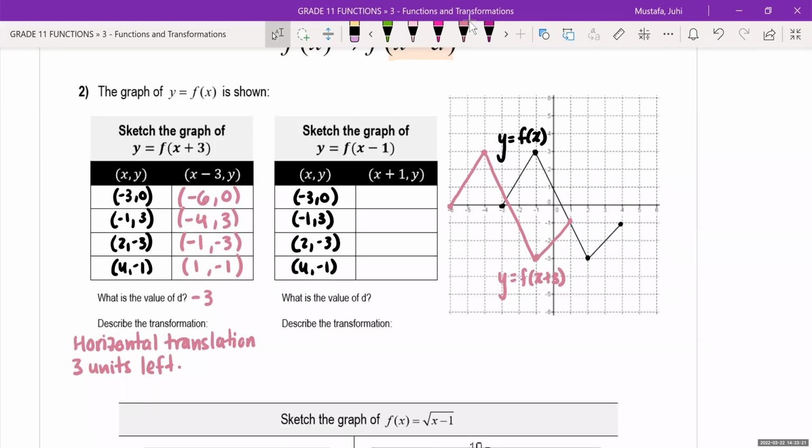And that's it. We can see our graph has moved 3 units to the left. That means our table of values is correct, everything works. Any questions?